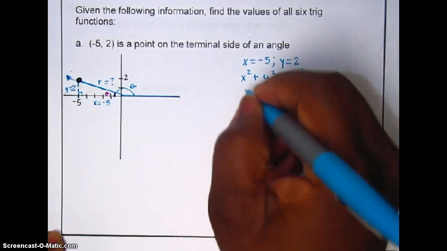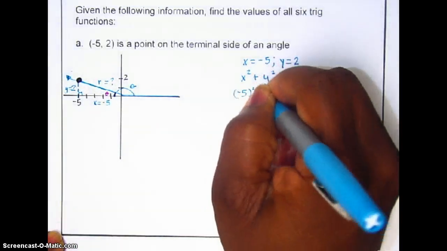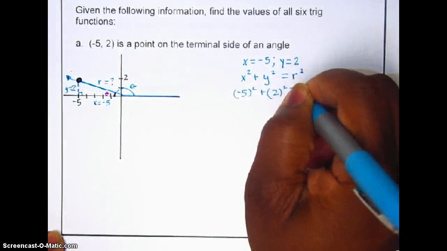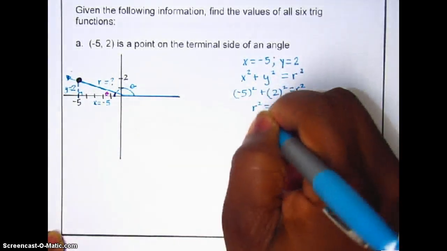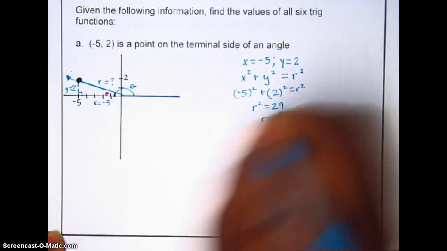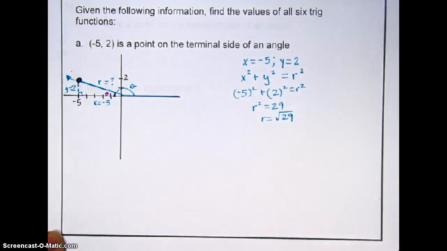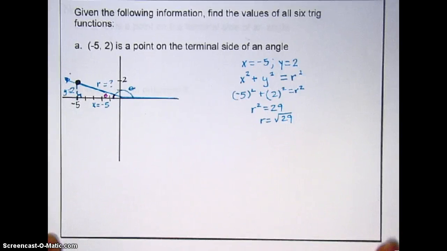And so as I substitute here, (-5) squared plus 2 squared equals r squared. Simplifying, I find that r squared is 29, which results in r having a value of the square root of 29. It's going to make your life much simpler if you leave it just as that.